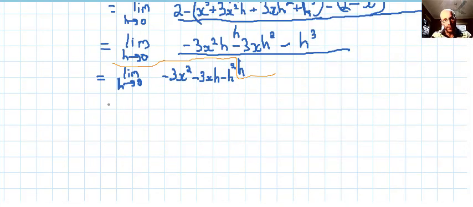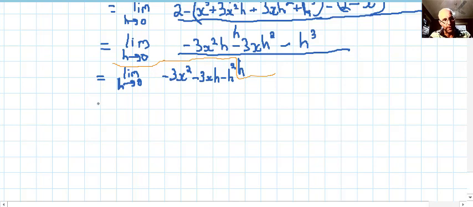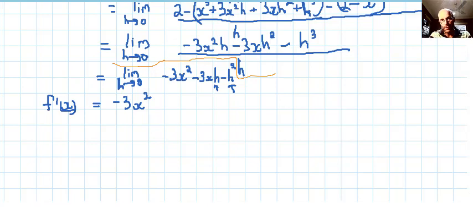Now we apply the limit. So I just put a little orange line there because a couple of my lines ran a bit close together, and these terms here have an h, so they approach 0, so that means it's just negative 3x squared is the derivative. So f dash of x, the derivative, is negative 3x squared.